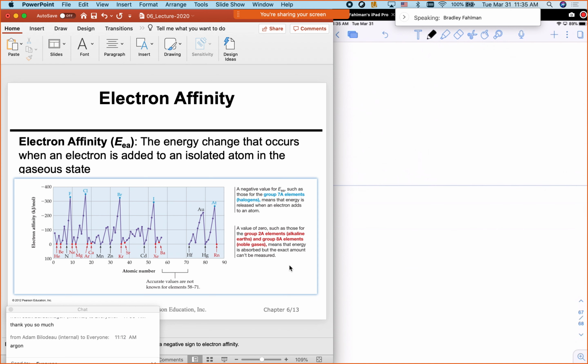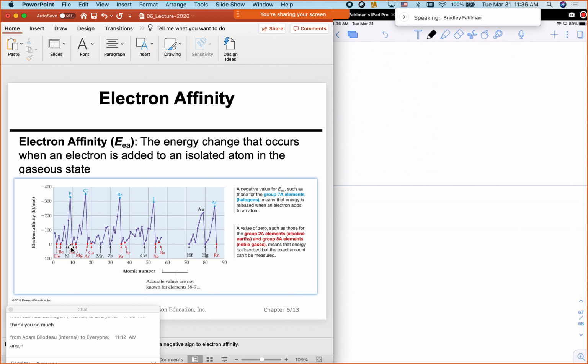How much energy does it take to remove an electron? Electron affinity is just the opposite. It's how much energy is released when an electron is added. This is kind of weird with the units that we have here. The more negative it is, that means it is releasing more energy, and that means it's more stable or more preferred.